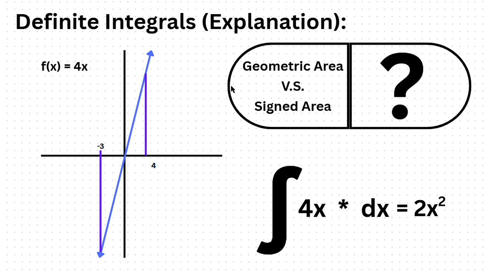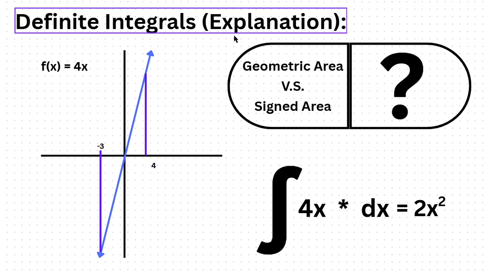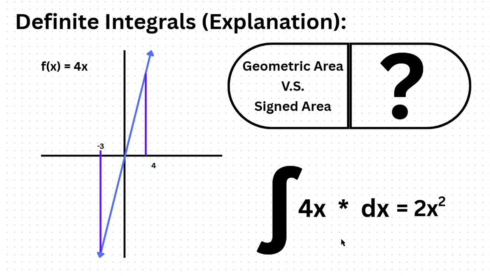So if I'm going from left to right, like when we do a definite integral from -3 to 4, I would start to see how much area accumulates.